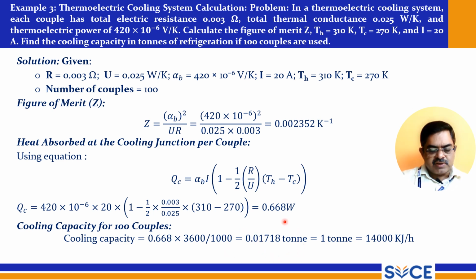So this is how the 100 couples in terms of tonnage we are getting. Thus the cooling capacity for 100 couples is 0.01718 ton.